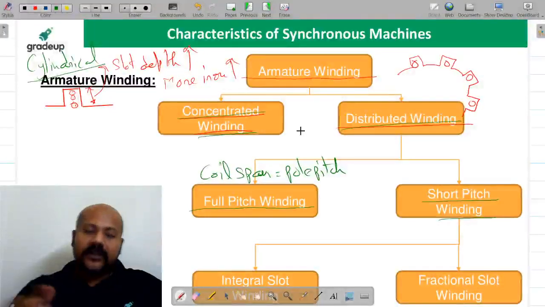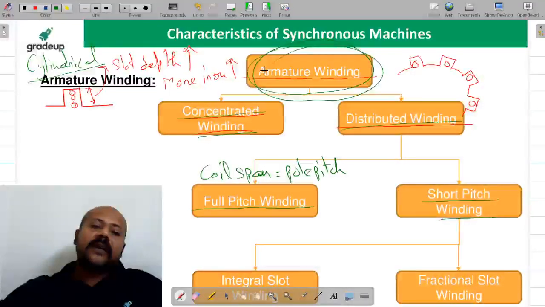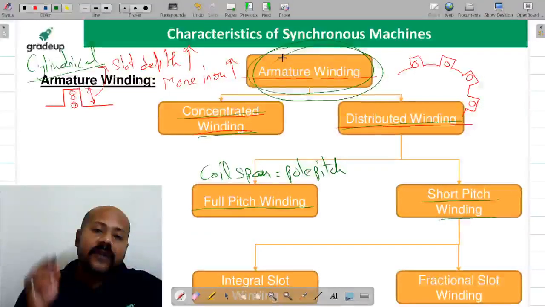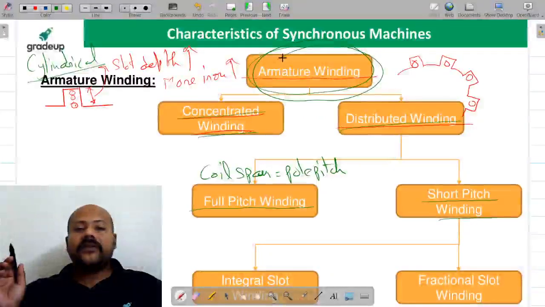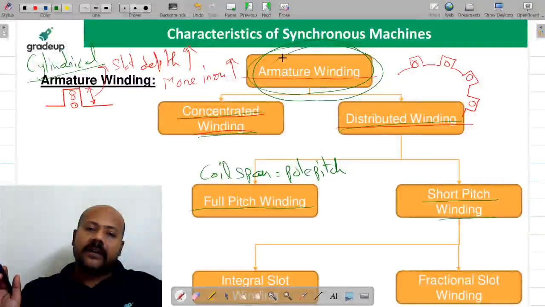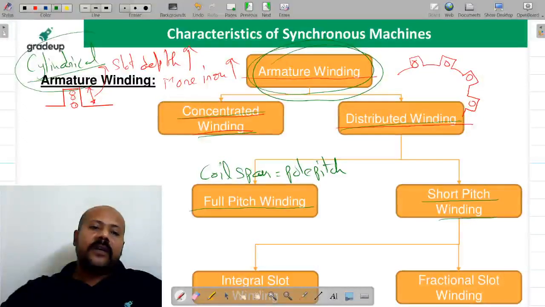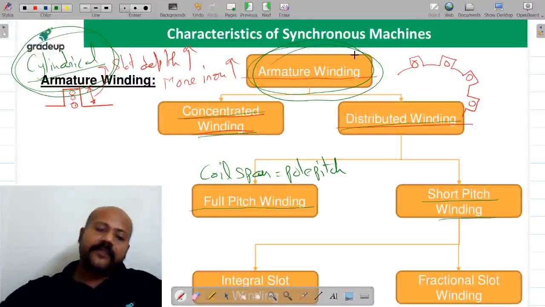Now focus here. When we are saying armature winding, armature winding is on the stator. So we are discussing about the stator. So I think there should be no confusion. Right now we are not talking about the rotor winding. But still I am telling you that right now we are discussing the cylindrical rotor only, not the salient pole.